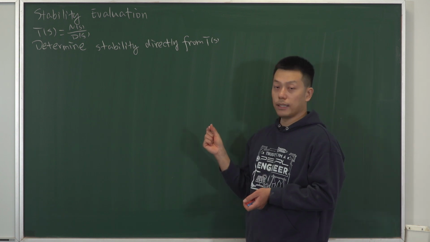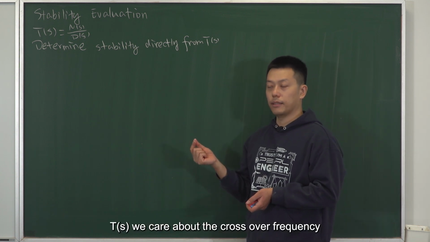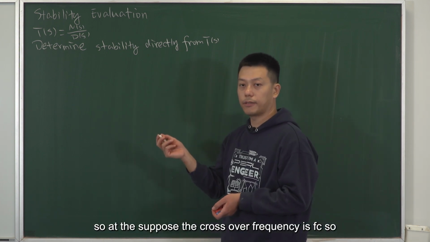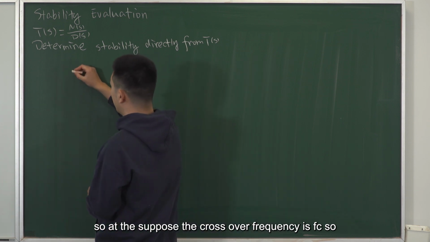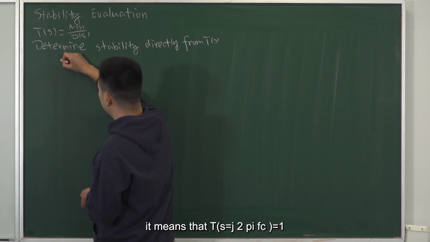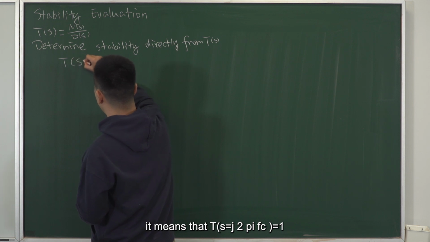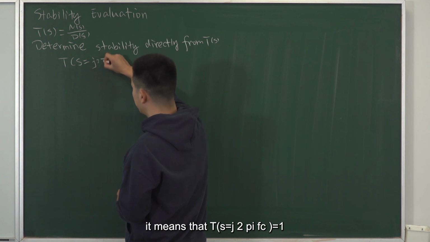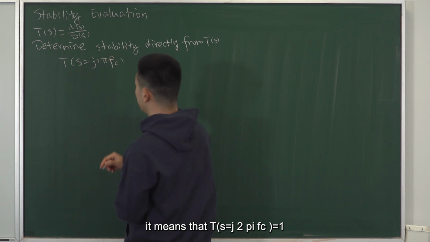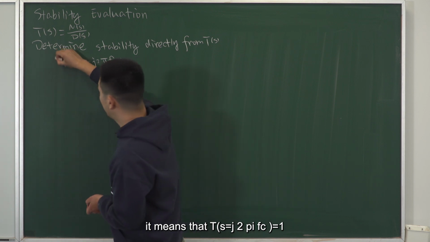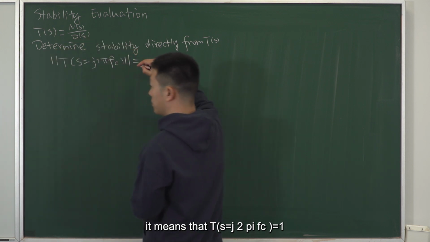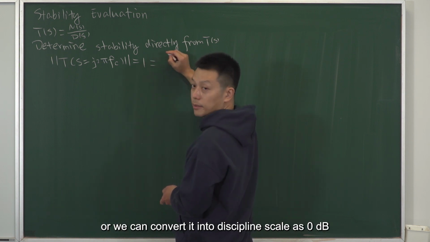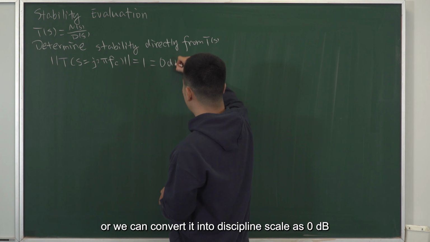Basically, for T(s), we care about the crossover frequency. Suppose the crossover frequency is Fc. It means that T at s equals j2πFc will have its amplitude equal to unity, or we can convert it into decibel scale as 0 dB.